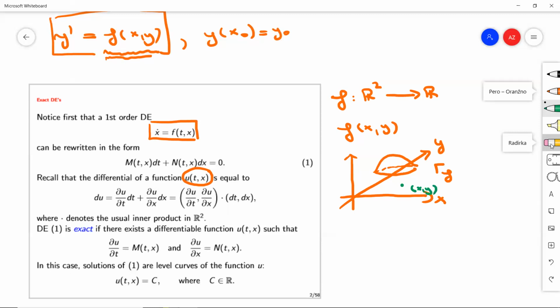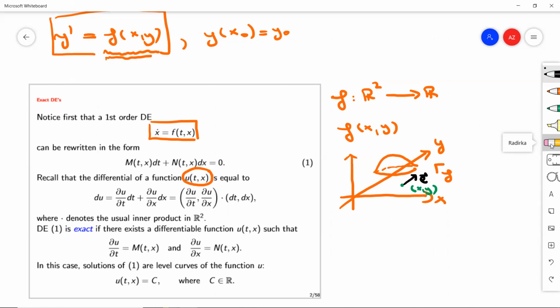And we would like to know how much the function value changes if we go in some direction, determined by the vector e.